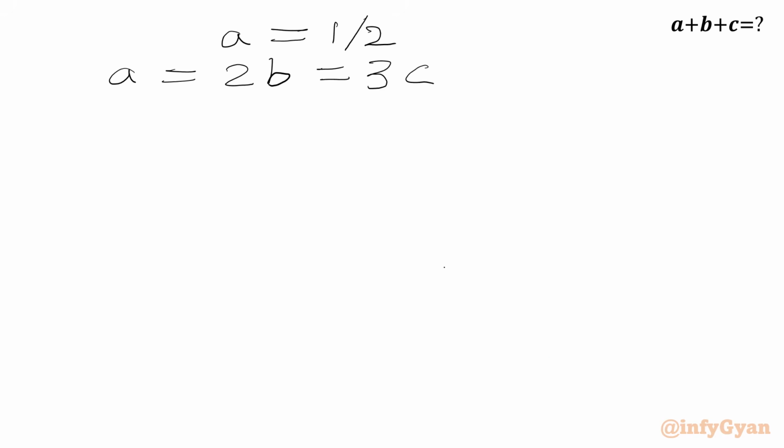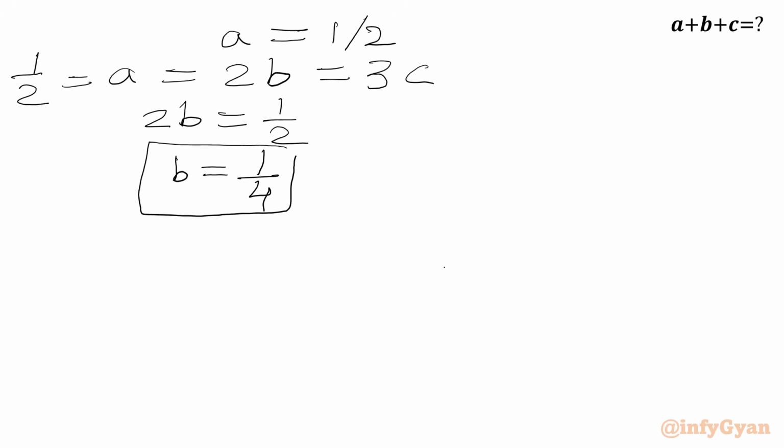In place of a, we will write half. So 2b equal to half. Let's divide both sides by 2. We will get the b value 1 over 4. a is half, b is 1 over 4. Now we will find c.